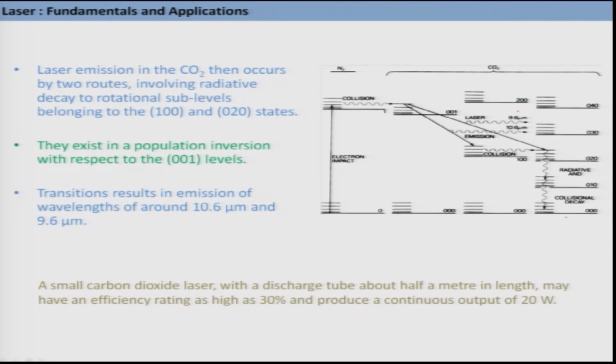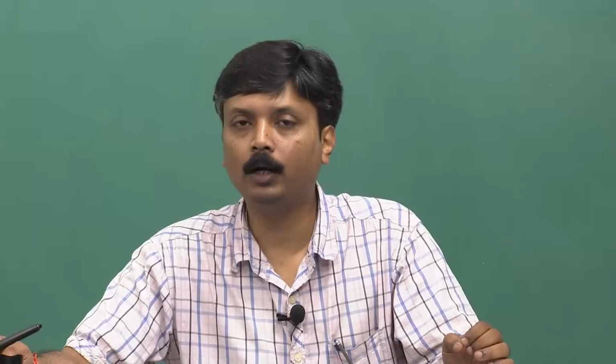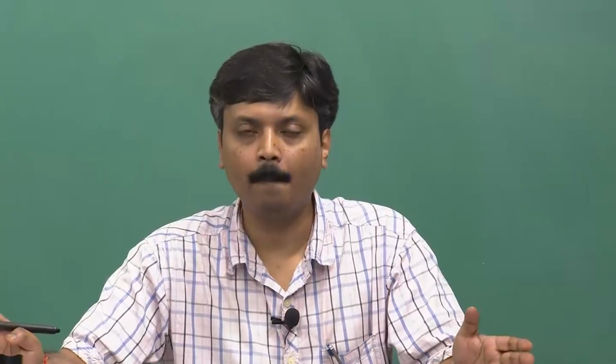One more piece of information here: a small carbon dioxide laser with a discharge tube about half a meter in length may have an efficiency as high as 30%, and it produces a continuous output of 20 watt. A continuous wave laser having 20 watt power is amazing.